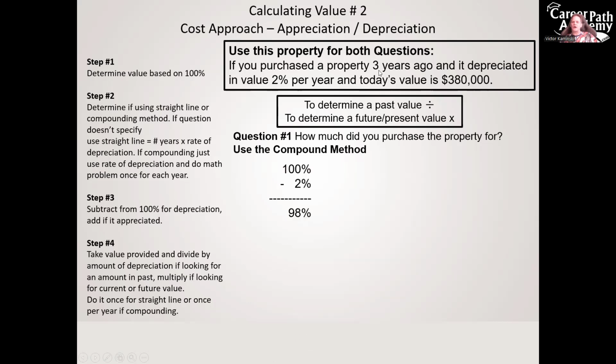So you got to do the 100% minus 2%. And then what? Okay, got it. And then you divide what you get another 2 times. So 380 divided by 0.98, today's value divided by, because we're trying to figure out a value in the past.